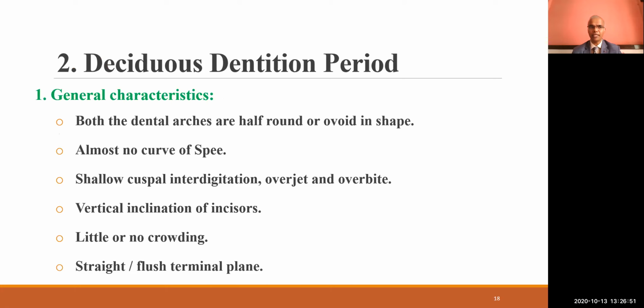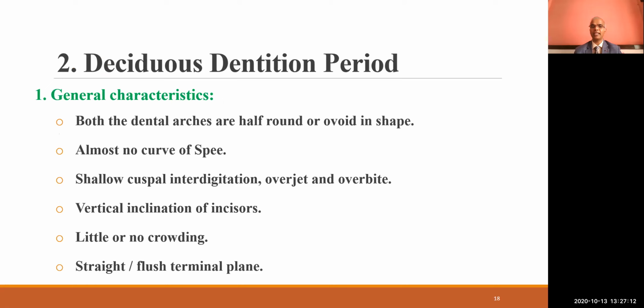The general characteristics of the deciduous dentition period: both dental arches are half round or wide in shape, and there is almost no curve of Spee. There is shallow cuspal interdigitation and shallow overjet and overbite.